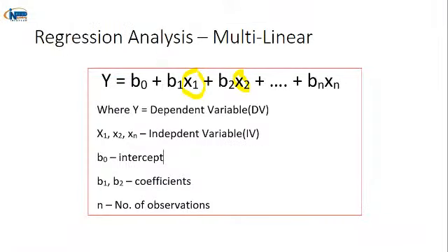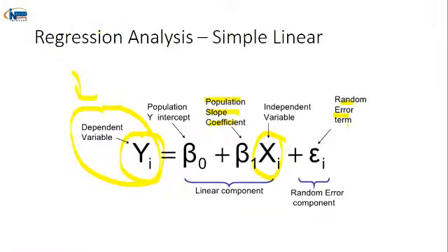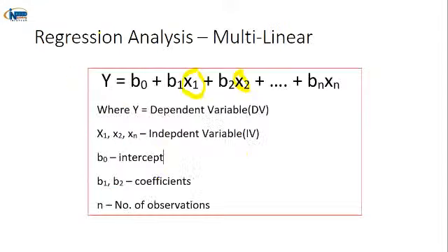And therefore, coming back here, we may have this simple linear for some cases, but in most cases you will have multi-linear, where you will have multiple independent variables which will decide the dependent variable. So this is how multiple linear regression works, a variant of regression only.